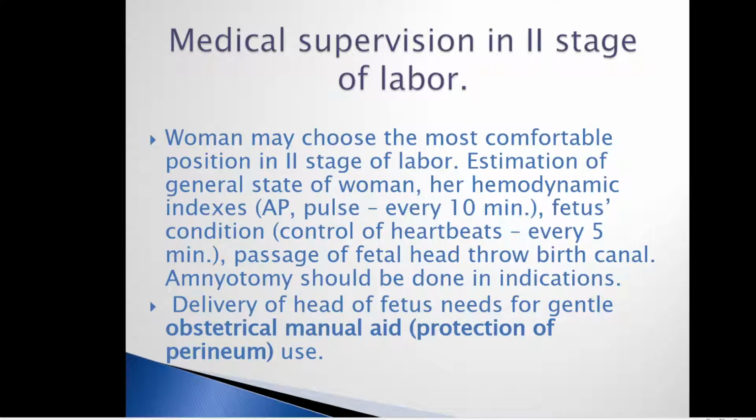Passage of the fetal head through the birth canal: we check the descent of the fetal head. Amniotomy should be done if indicated, if rupture of amniotic membranes has not happened before. Delivery of the head of the fetus formerly needed gentle obstetrical manual aid, protection of the perineum.